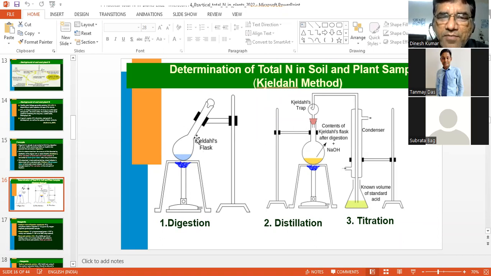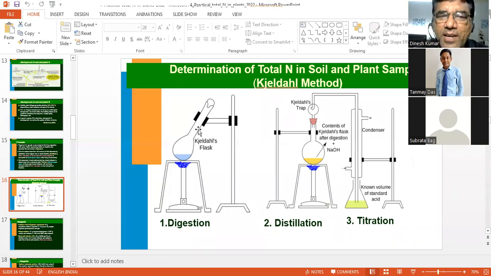You put the soil sample into it, then a certain quantity of sulfuric acid, and then add potassium sulfate or sodium sulfate, the digestion accelerator. First, keep it for some time, let the sulfuric acid react. Then you can heat it up, and after approximately 30 or 40 minutes, it will be digested.